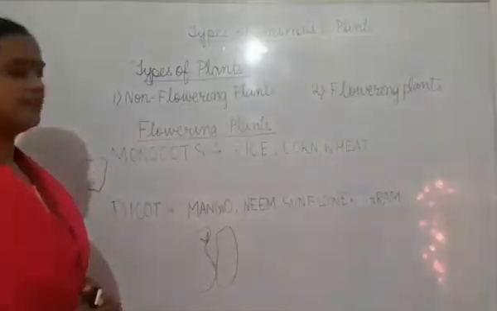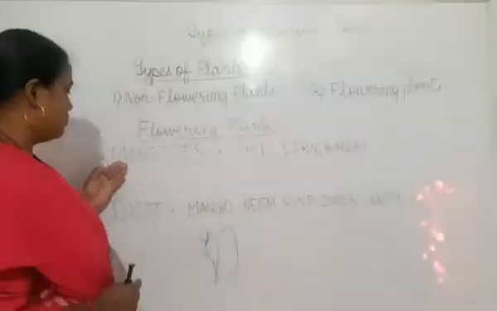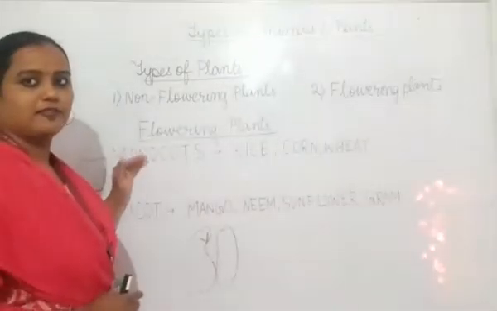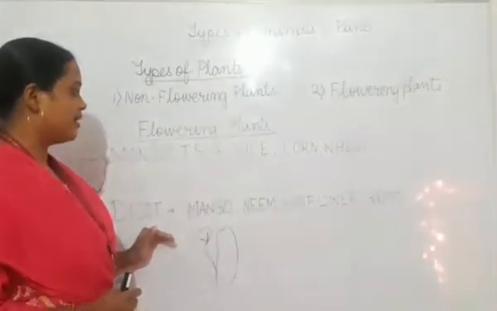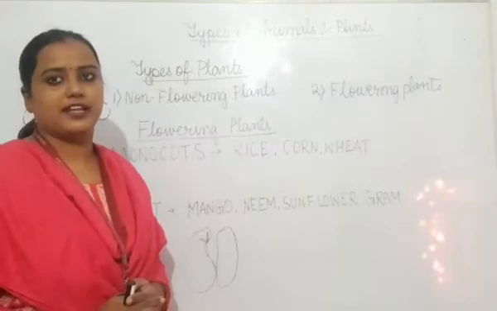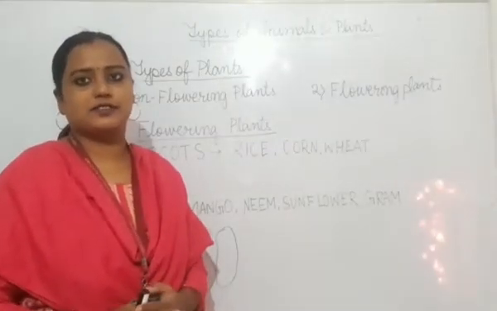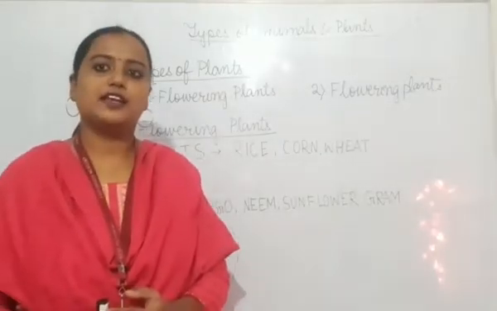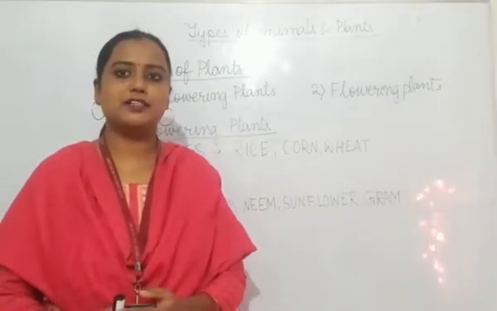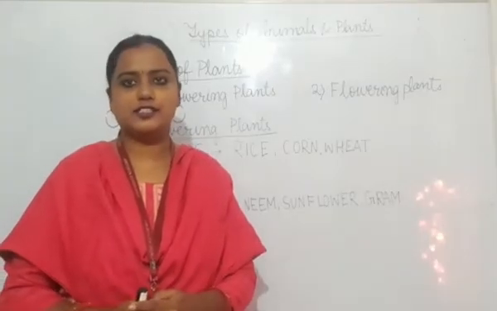As you can see here, flowering plants have been divided into two types based on the number of seed leaves they have. Now, what are seed leaves? A seed leaf is a yellow fleshy part which is present inside the cover of the seed.